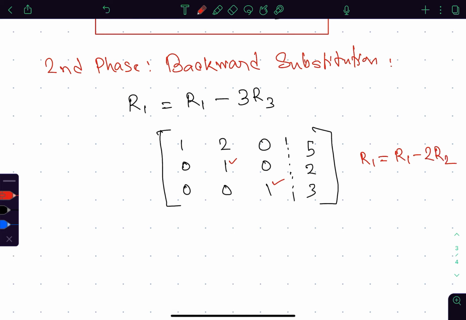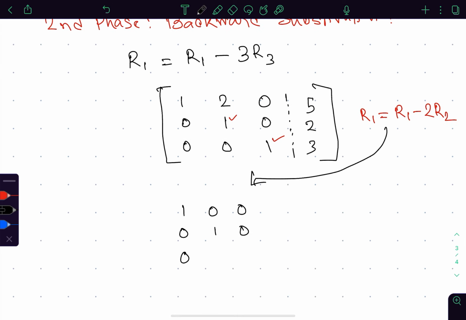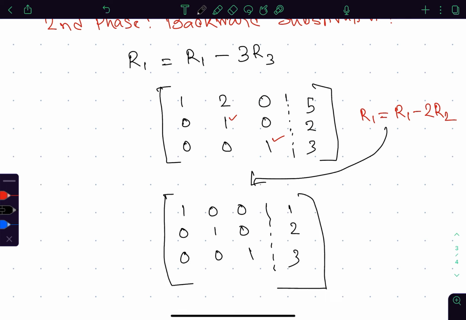That will give us 1 0 0, 0 1 0, 0 0 1, and 1 2 3, right?